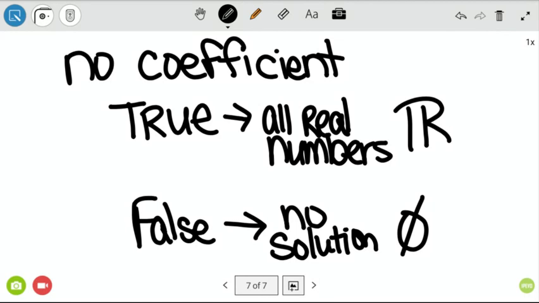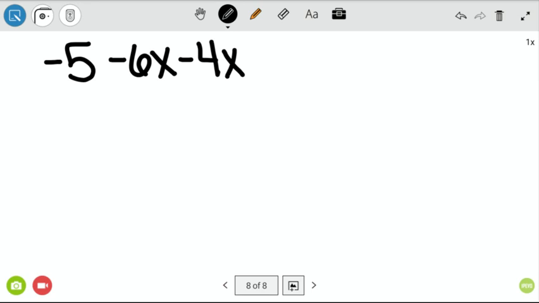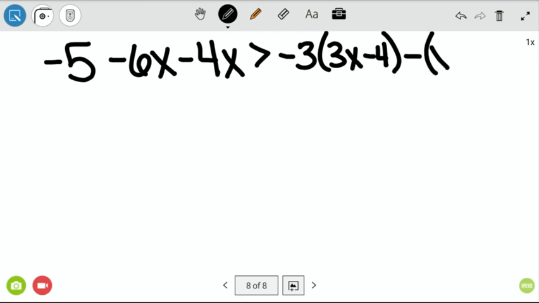All right, so I'm going to give you another example of a no solution that looks like this. Okay, it's a little bit more complicated. On this left-hand side, we have no distributive property, so I'm just going to rewrite those.